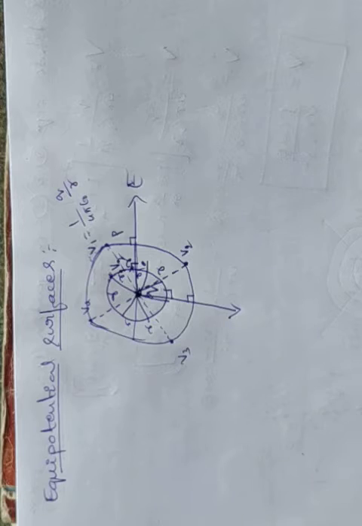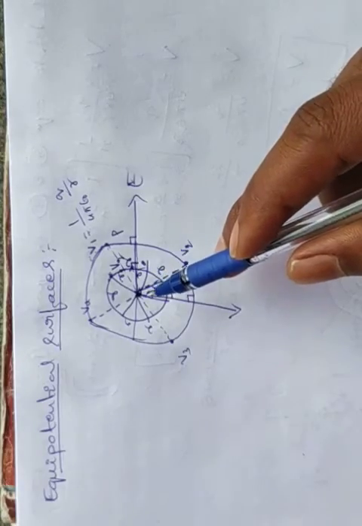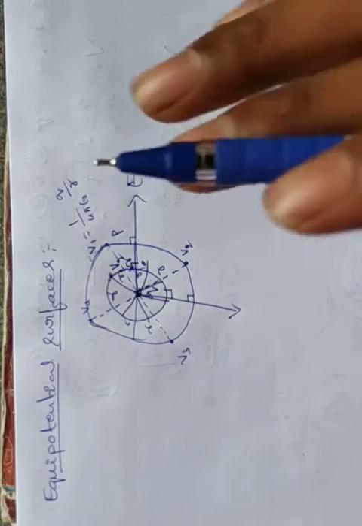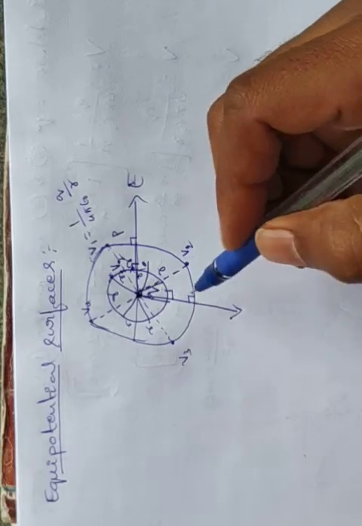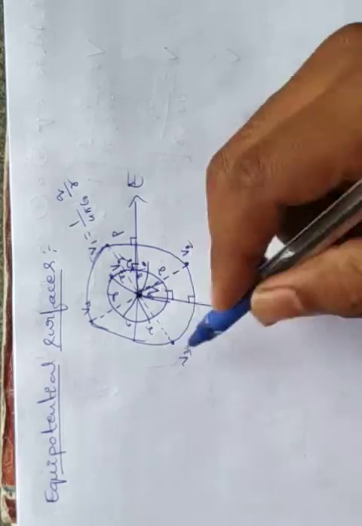So what we observed is that the electric field is at right angles to the equipotential surface. For any charge configuration, the equipotential surface at a point is normal to the electric field. See, this point is passing through this.